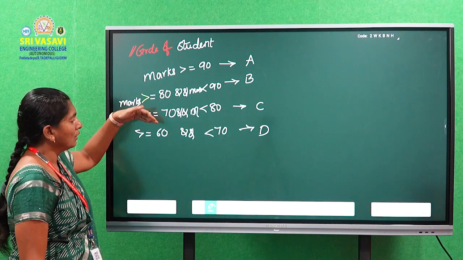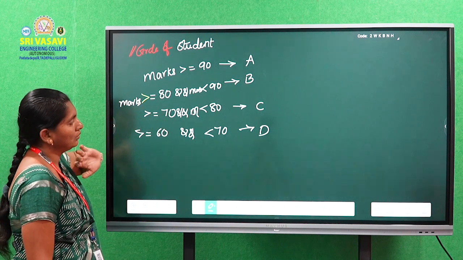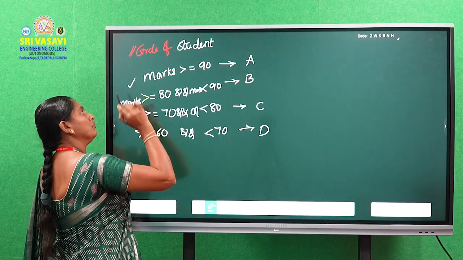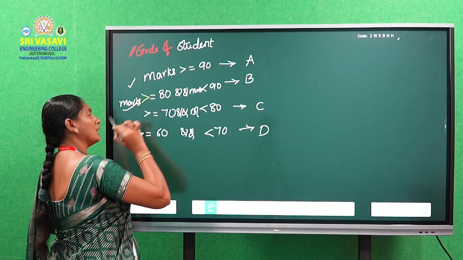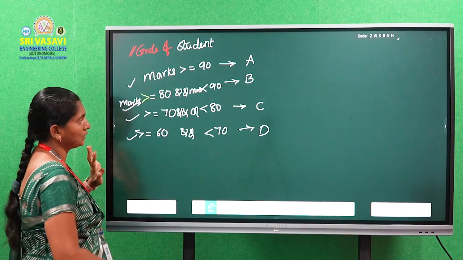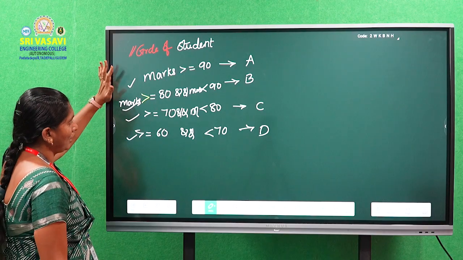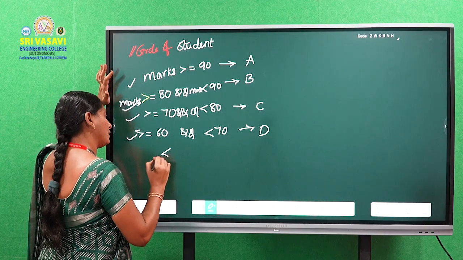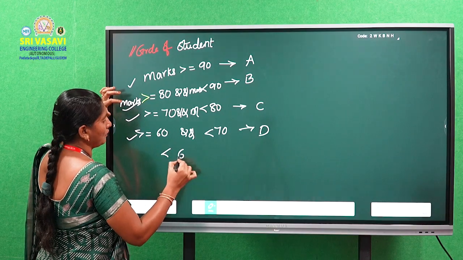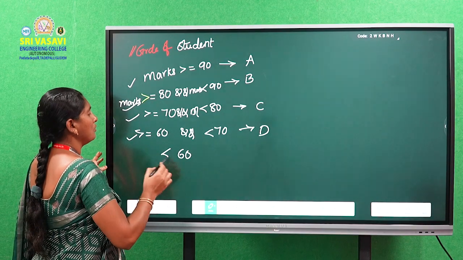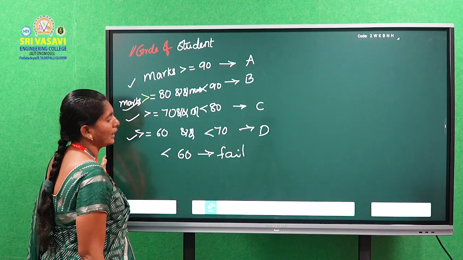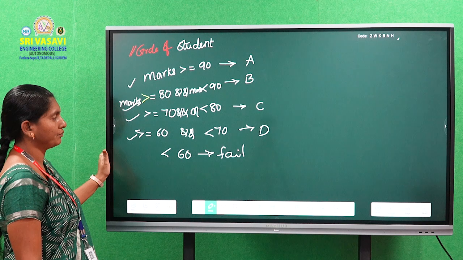This is the first condition, the second, the third and the fourth condition. For the remaining marks, less than 60, the last value we used, I would like to give grade F, that means fail.